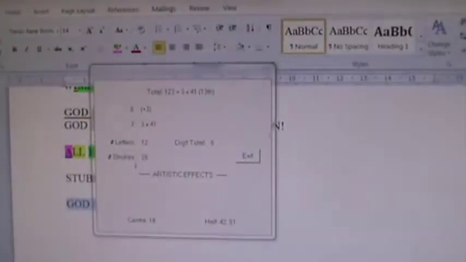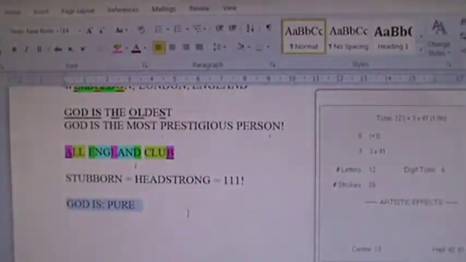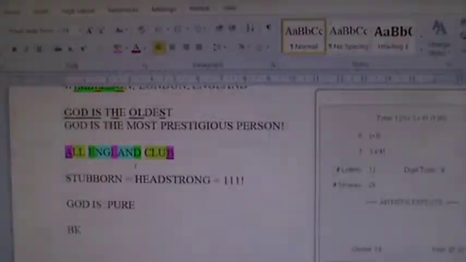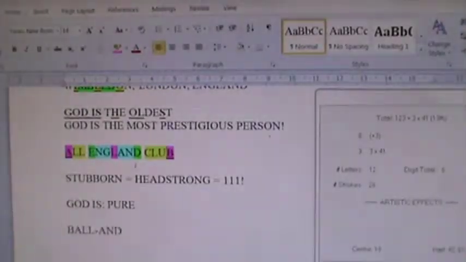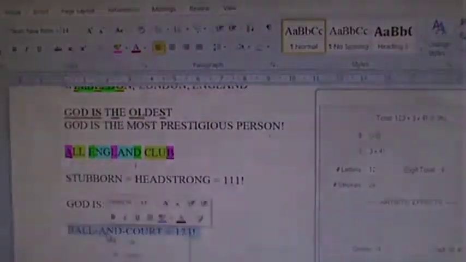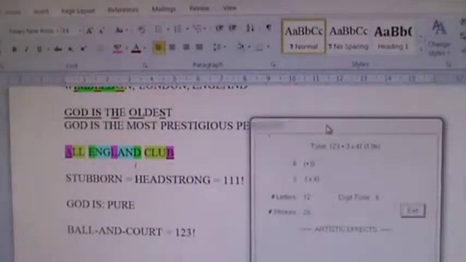There you go. We've just solved every ball in court game in the history of the universe, including basketball, volleyball, and on and on. If it has a court and a ball, we've solved it. Ball and court equals 1, 2, 3 to the glory of the Trinity in 12 letters, 26 strokes.